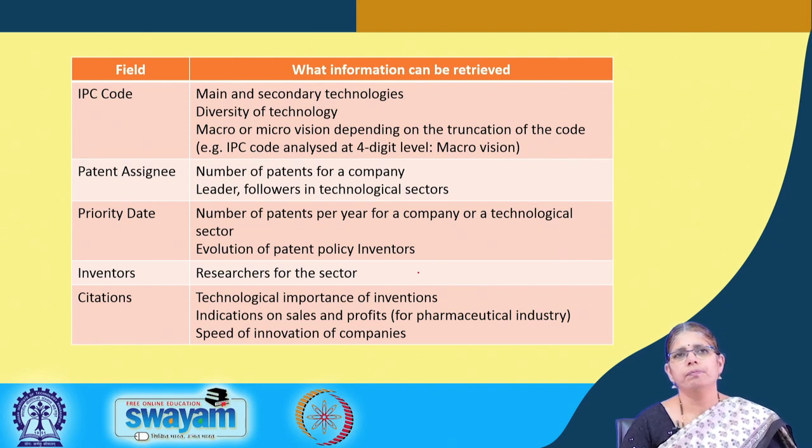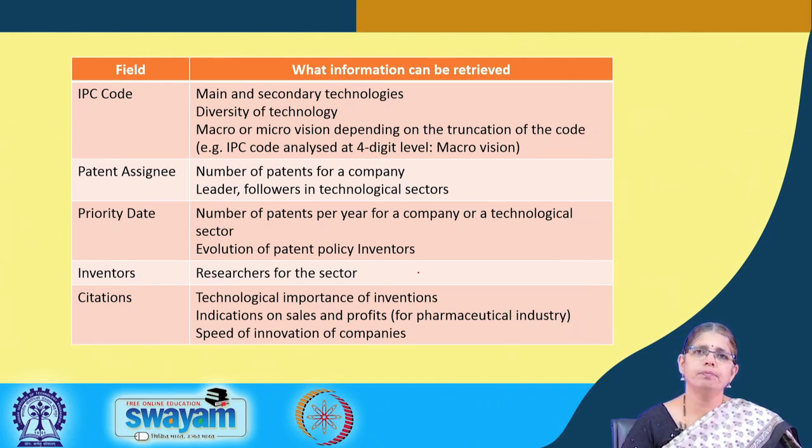Let us understand how information is retrieved in relation to a patent landscape. So if those are areas which represent a wide domain, IPC becomes the main context for the basis of doing the landscape. So what is the information that we can get from the IPC based retrieval of information?